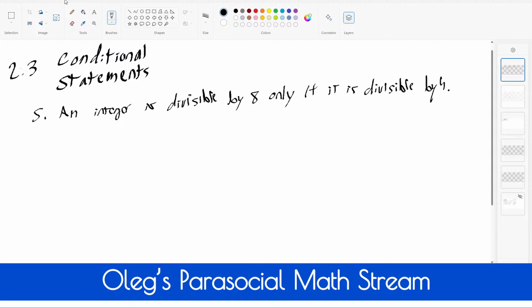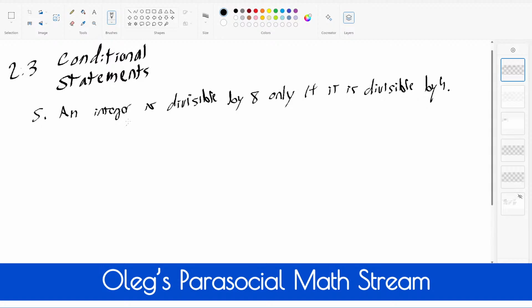Okay, let's look at it. What has to be the leading rule here? What is the more restrictive rule? Only if it is divisible by 4. If it is divisible by 4, then it is divisible by 8. No. If it is divisible by 8, then it is guaranteed to be divisible by 4.